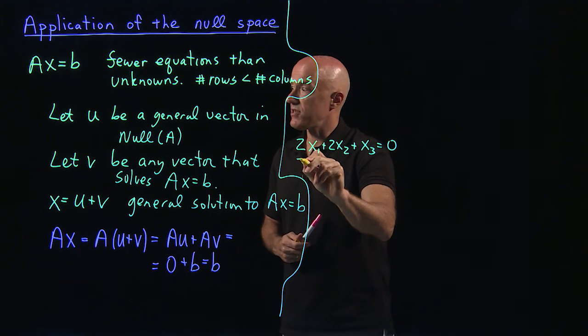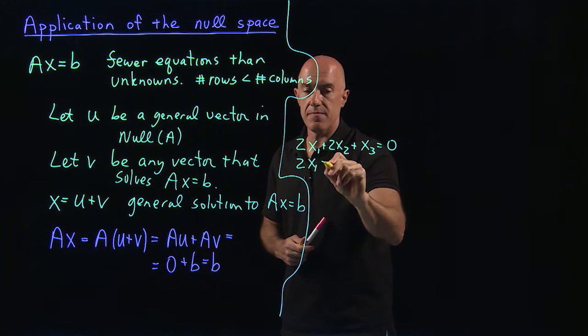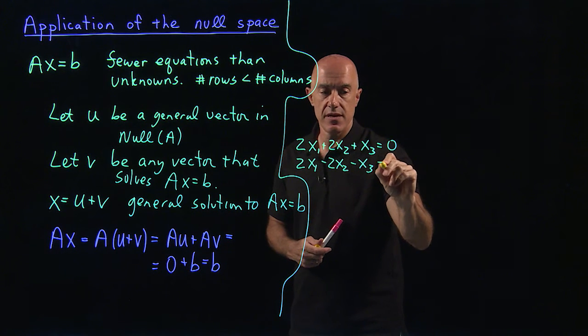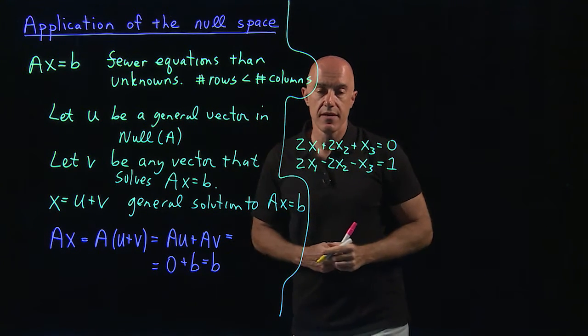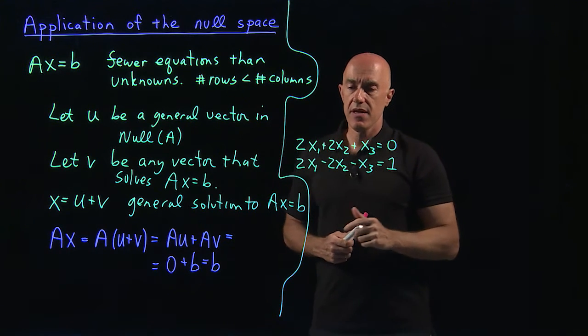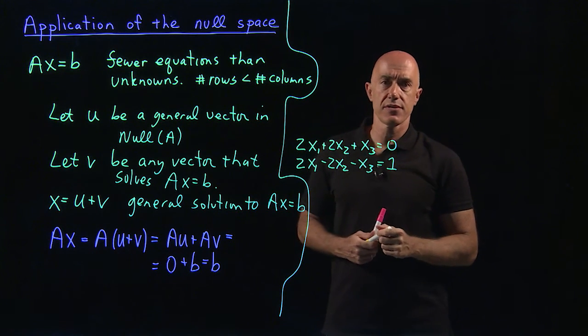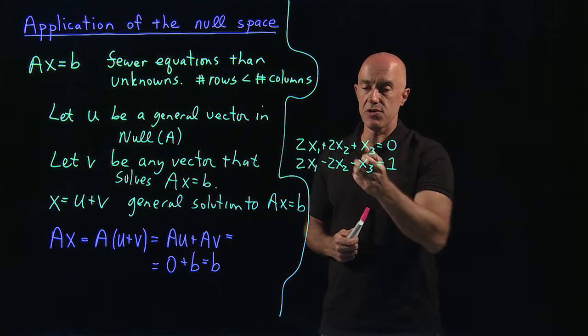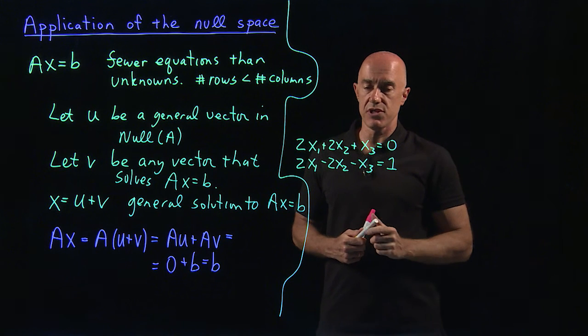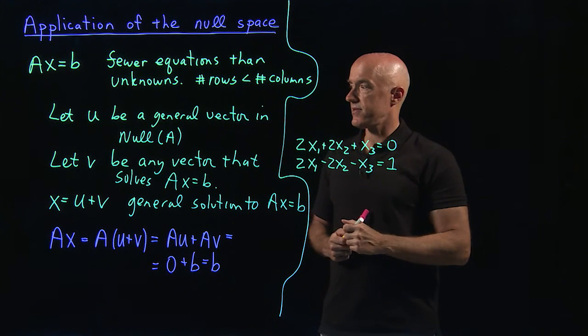And the second equation will be 2x1 minus 2x2 minus x3 equal to 1. So we have 2 equations here, and we have 3 unknowns. So this is underdetermined, and I want to find the general solution of this system.